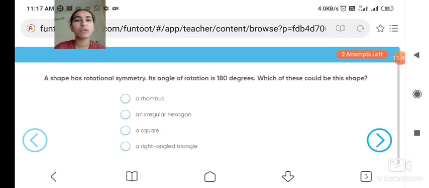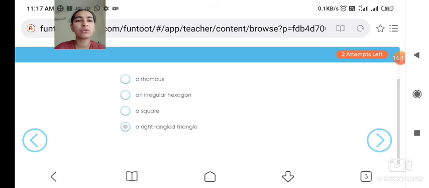Let's take another one. A shape has rotational symmetry. If the angle of rotation is 180 degrees, which of these could be this shape? A rhombus, an irregular hexagon, a square, or a right angle triangle?